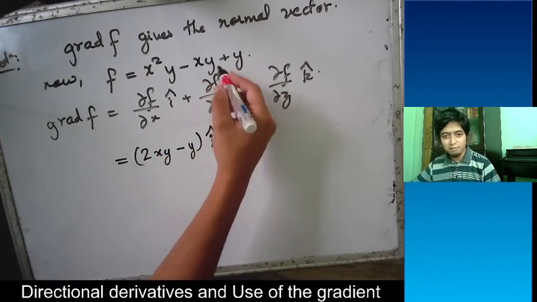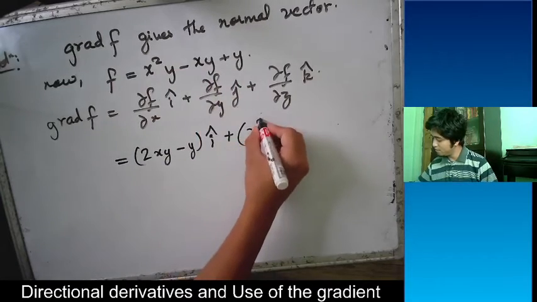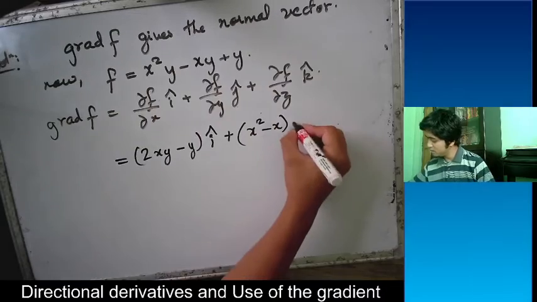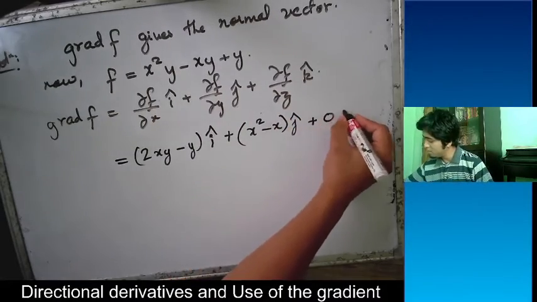Differentiate this one partially with respect to y, you will be getting x squared minus x, j. Differentiate this one partially with respect to z, you will get 0 plus 0.